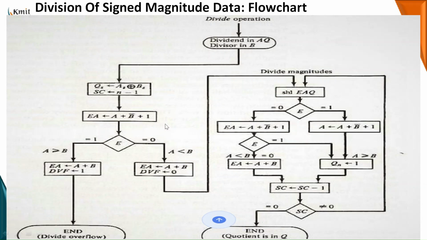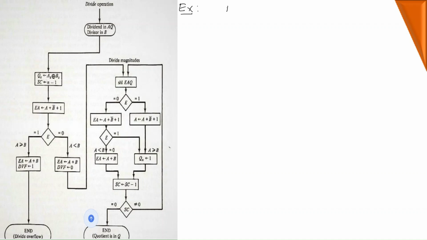My divisor is stored in B, which is 10001, and the dividend is stored in two registers, A and Q. The dividend is 01110000000.